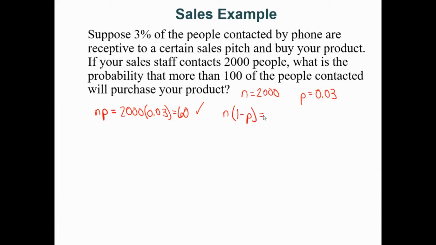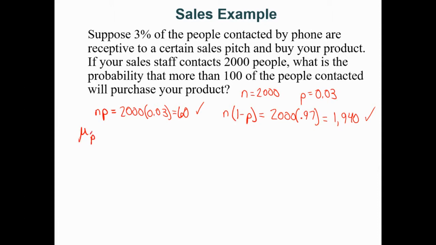Okay. So N times 1 minus P, 2,000 times 0.97 is what? Yep. Does that check out to be bigger than 10? So are we normal? We are. Let's find our mean now.